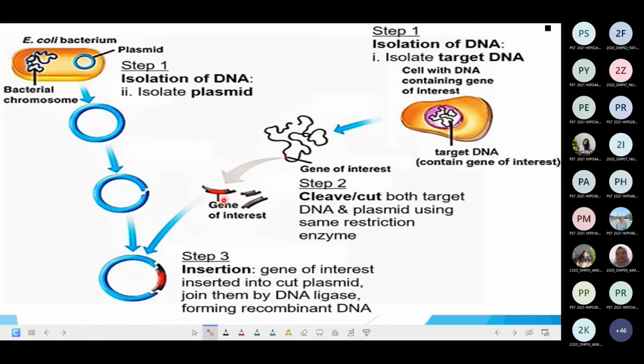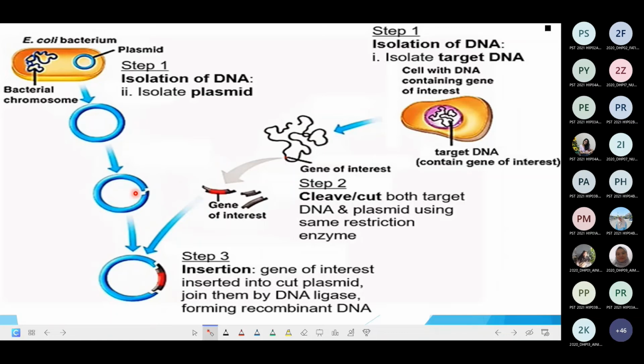Okay, and we also need to cut the plasmid. We also need to cut the plasmid, and so we need to know that we need to insert this gene of interest into the plasmid. Kita nak selitkan, so kita kena cut jugalah.